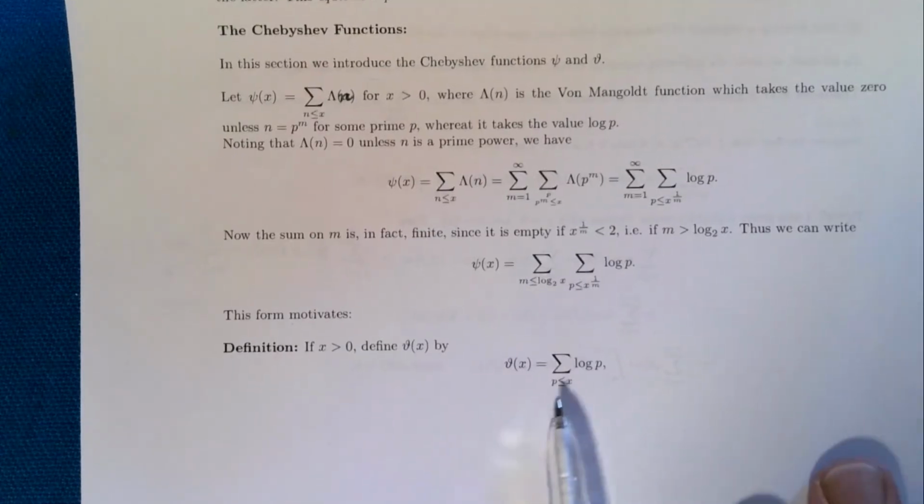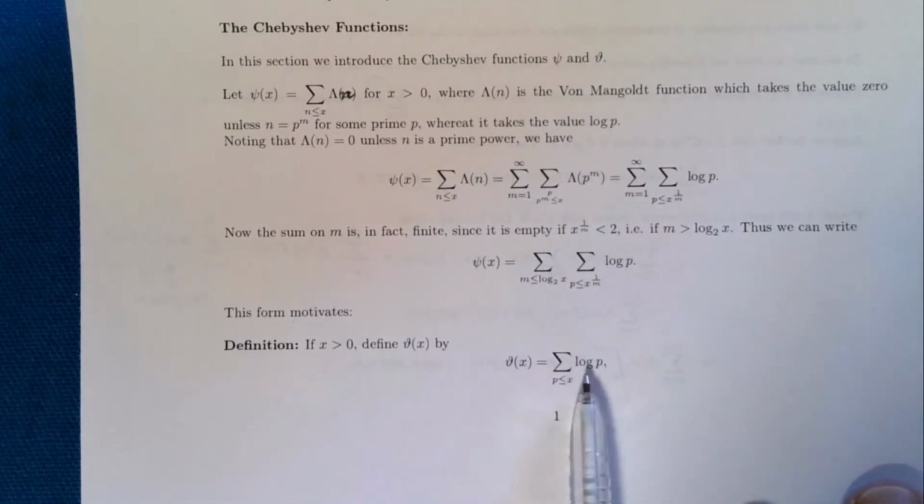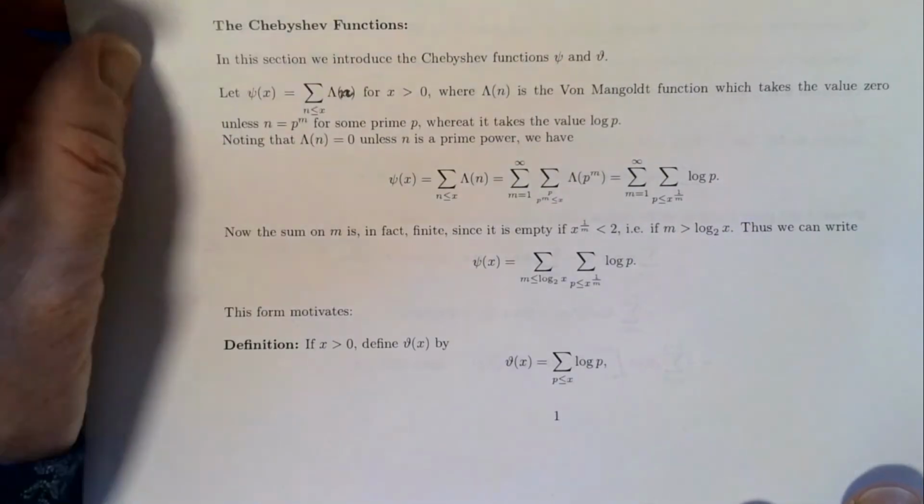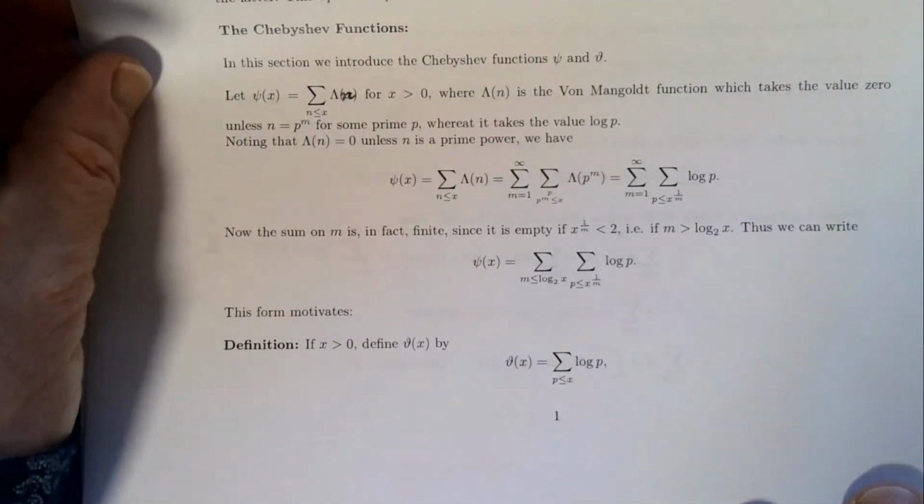So theta of x is just the sum of the logarithms of the primes less or equal to x. These two very important functions are very intimately connected, and also intimately connected with the prime number theorem.